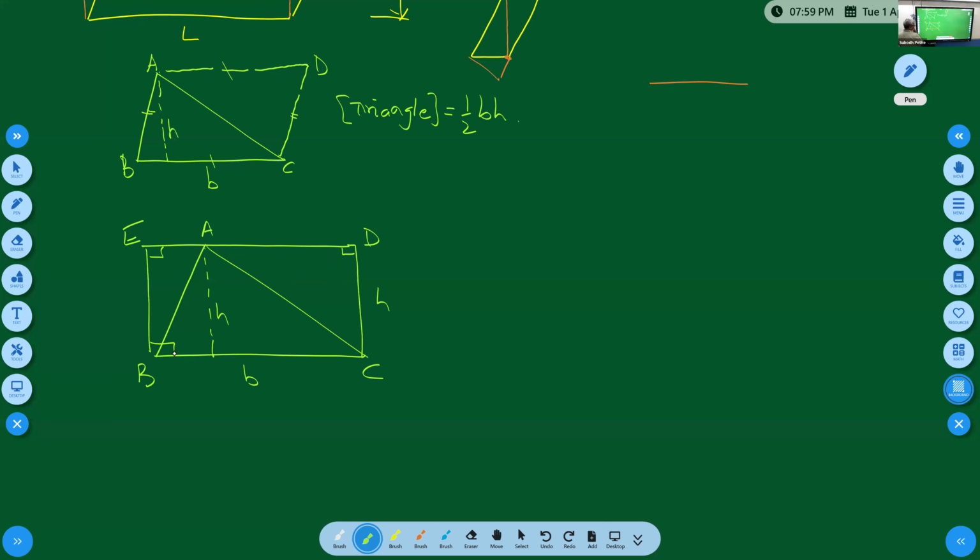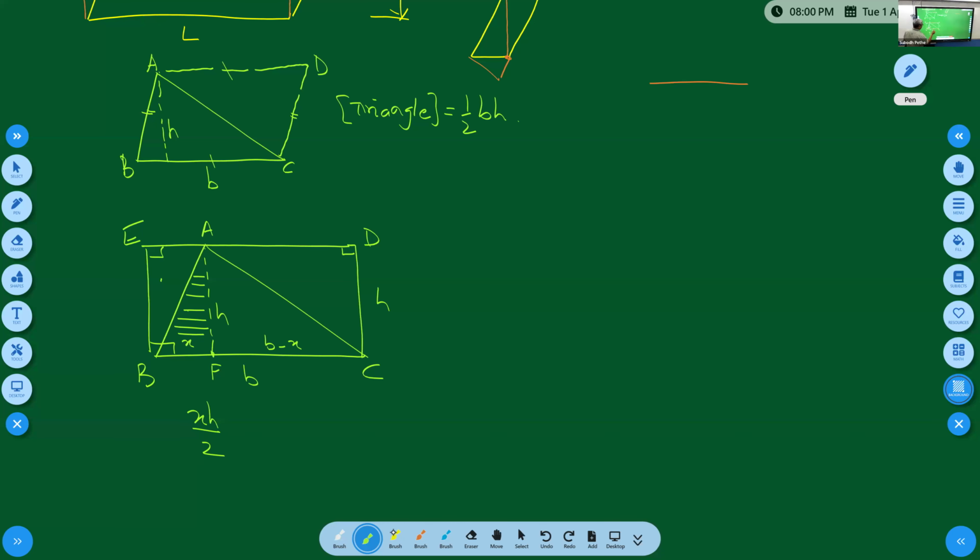Good. Now, suppose B to F, this point is X, and this is B minus X, F to C. So area of this rectangle is X into H. And now we know that these two triangles are congruent. Therefore, X into H by 2. How much is this area? X into H by 2.